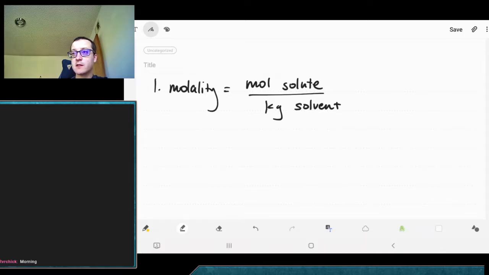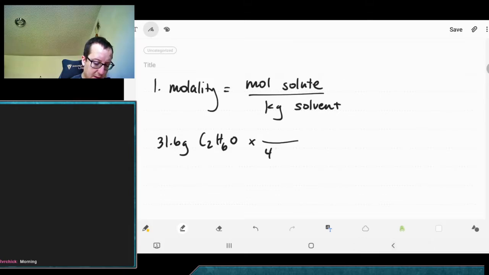And so doing this, we want to identify that the solute is ethanol, right? We're given that we have 31.6 grams. We're going to use its molar mass, which I think is something like 46 point something grams for 1 mole.